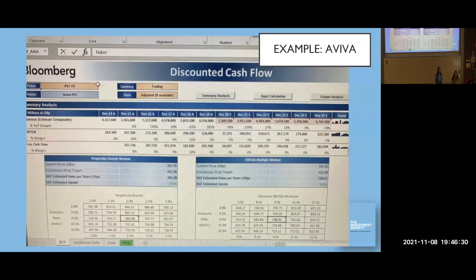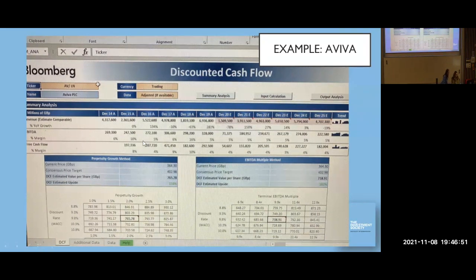As an example, this is Aviva, and this was when I was looking into it around the 28th of February. So as you can see here, there is a potential upside that you can see. Let me see if I can circle it on here so that you can see.